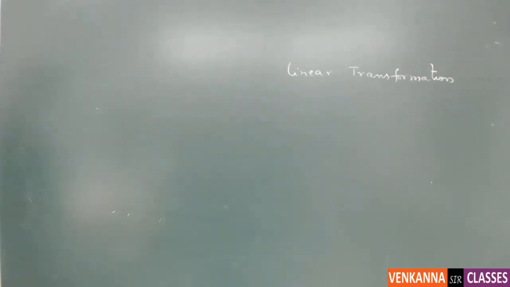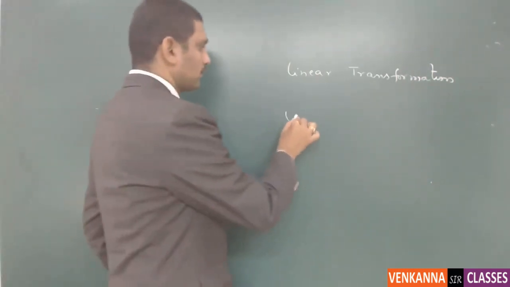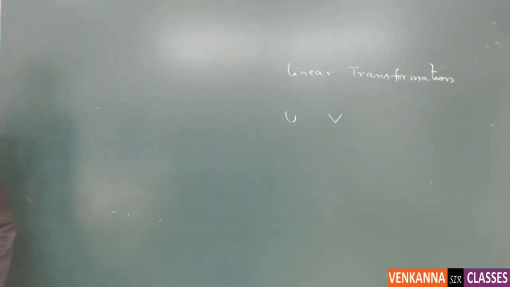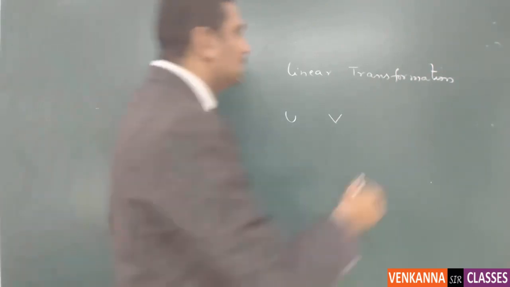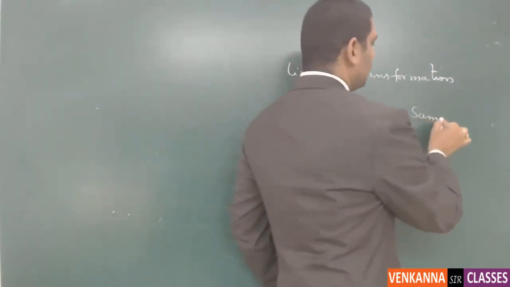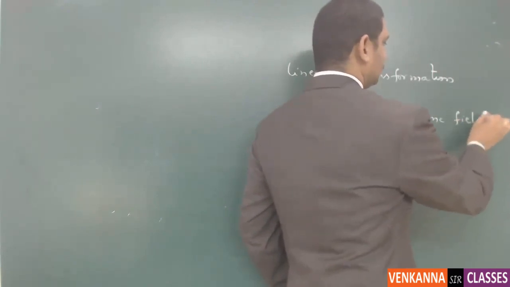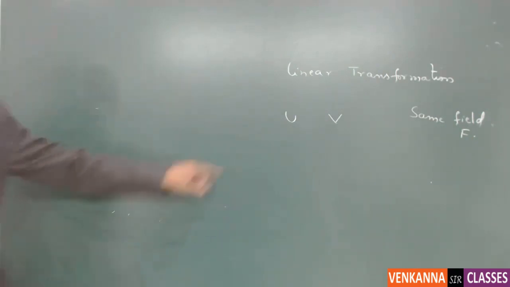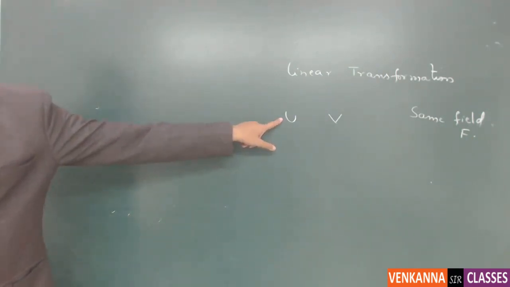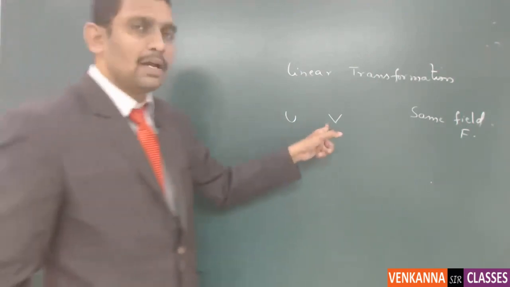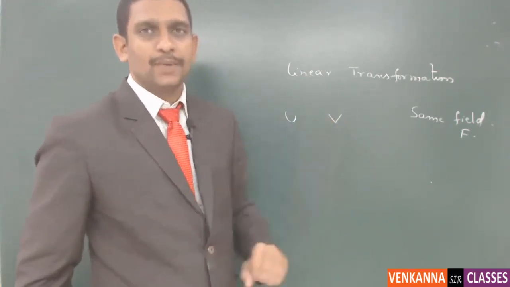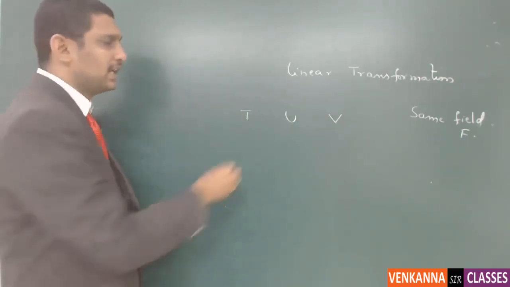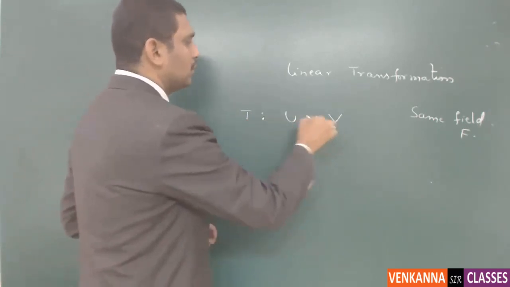So the definition is: you take two vector spaces over the same field F. In particular, U over F is a vector space and V over F is a vector space, and I am considering a function T from U to V.